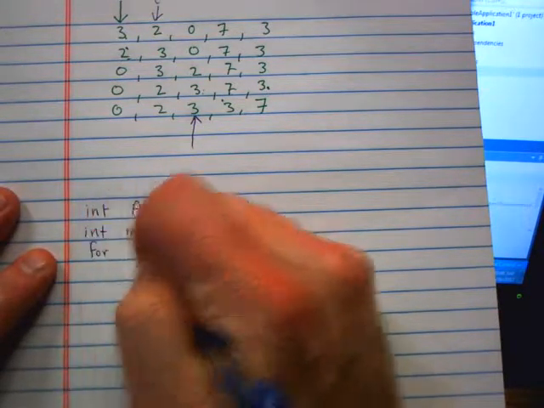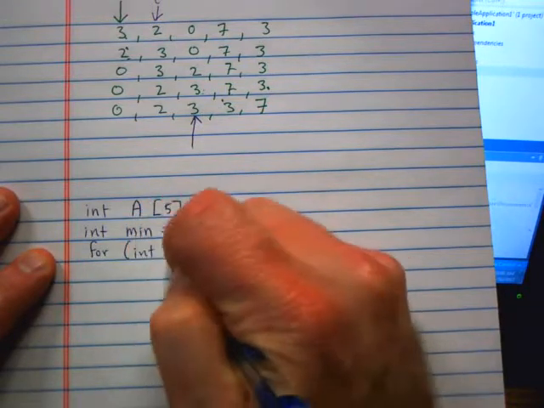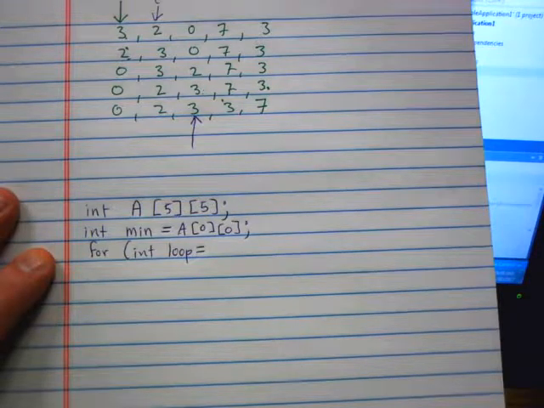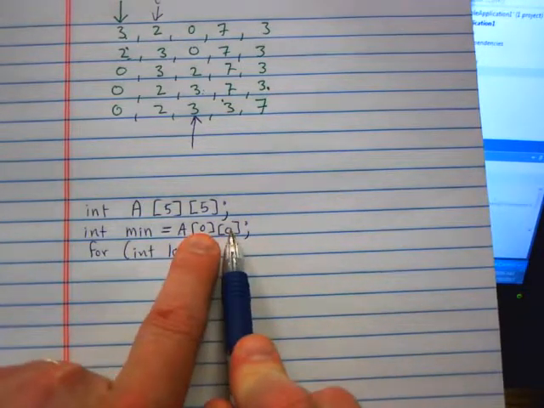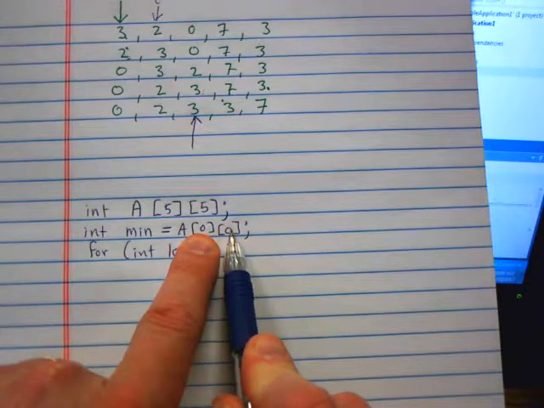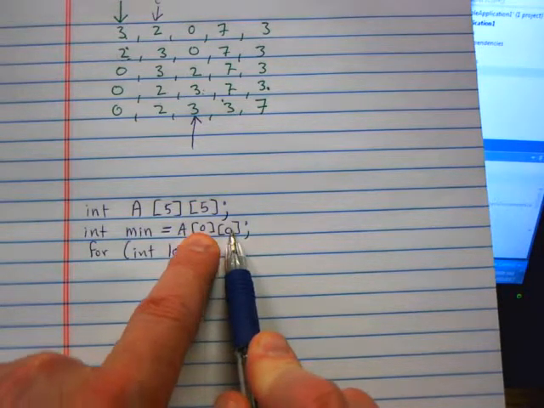For int loop equals, loop starts at 0? It would not be wrong to start it at 0, but we've already taken care of the 0 spot, so we might as well start it at 1. We'd be testing it against itself. Wouldn't do us any good. So we might as well start at 1.